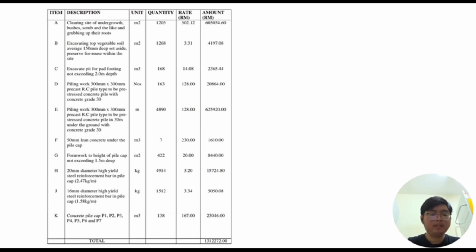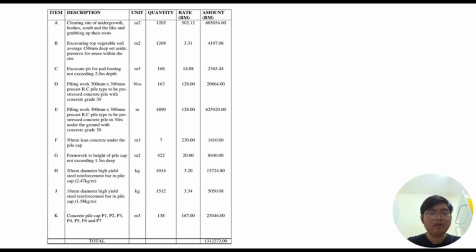Next, for the 16mm diameter high yield steel reinforced bar, weight of 1,512 kg and rate of 3 ringgit, the total cost is about 5,000. Next, for the concrete pile cap P1, P2, P3, P4, P5, P6 and P7 with total area of 138 meters square and rate of 167.